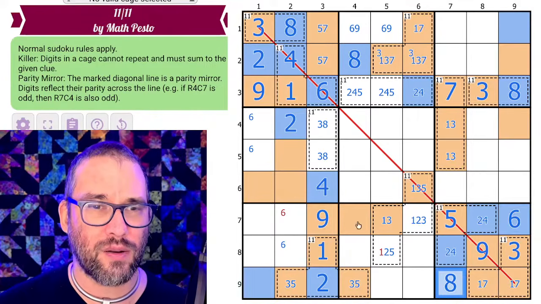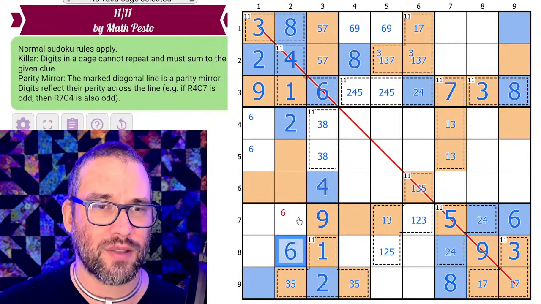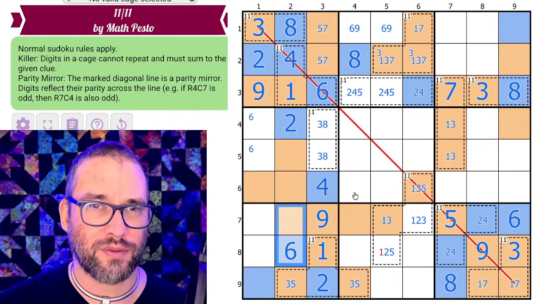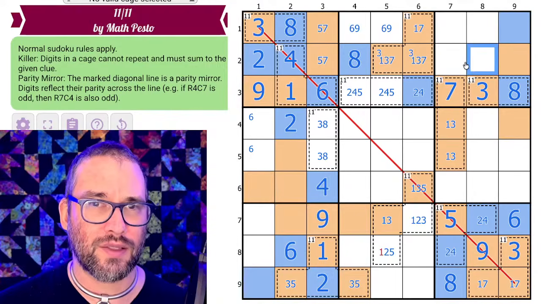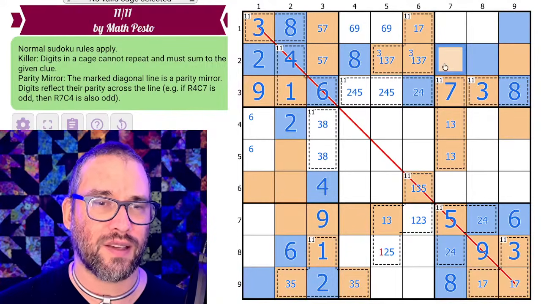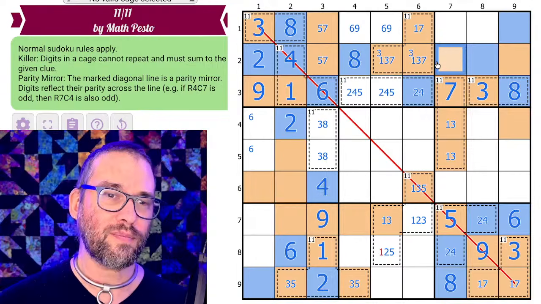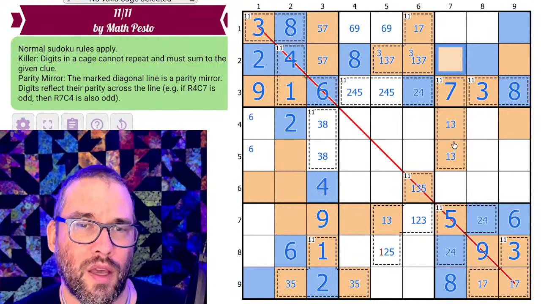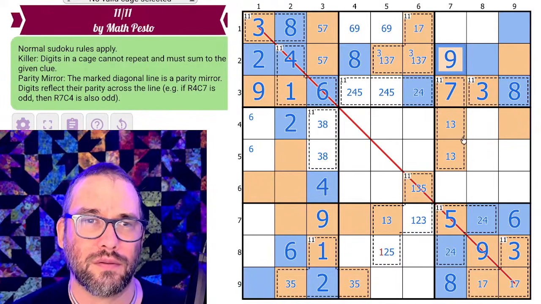6 and 8 go in. That's now our 6. That's odd. And these reflect to these. So that's even and that's odd. And this is just a 9.